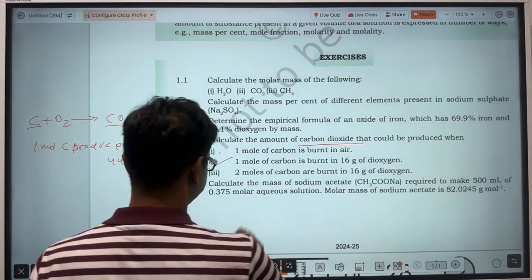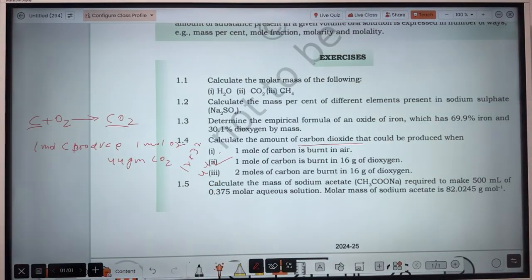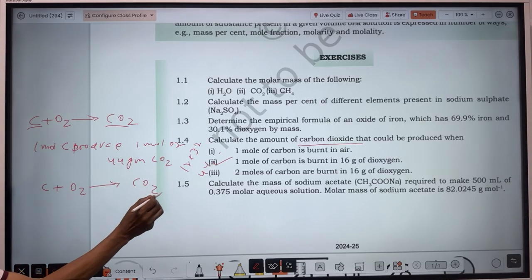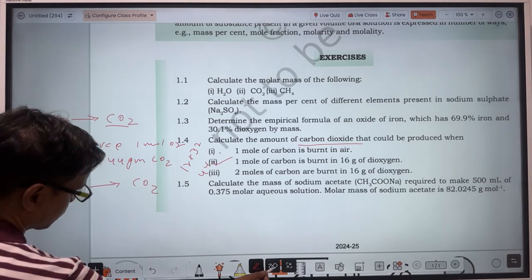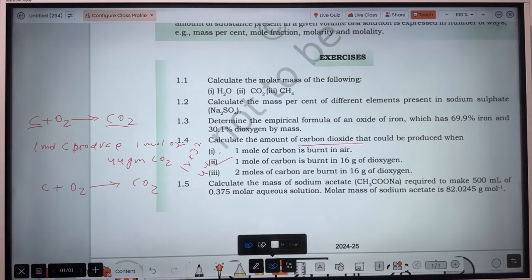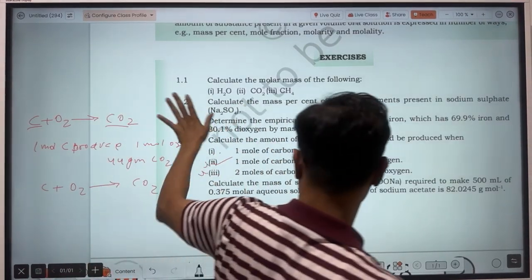Now the second one: 1 mole carbon burnt in 16 gram of dioxygen. So let's see, 1 mole carbon reacts with oxygen and forms CO2. The equation is already balanced, the same equation here. So I firstly write this one. I shall solve on that one only.